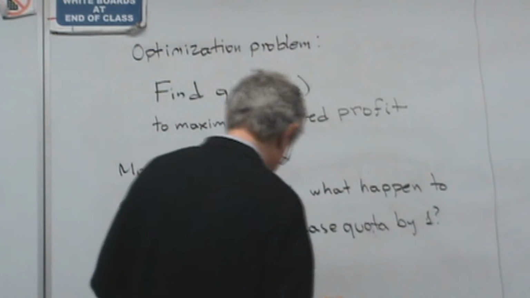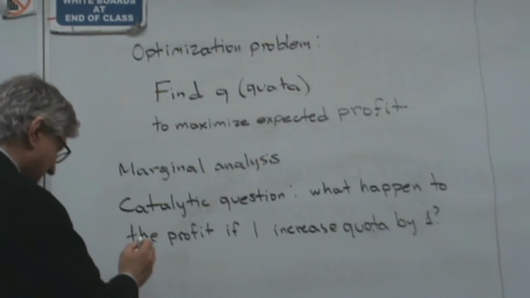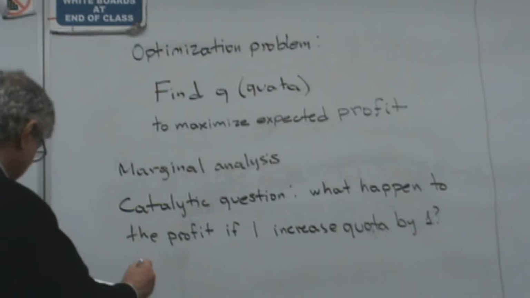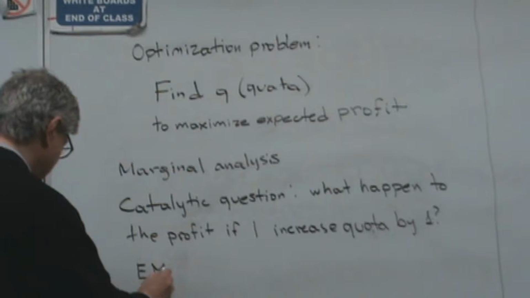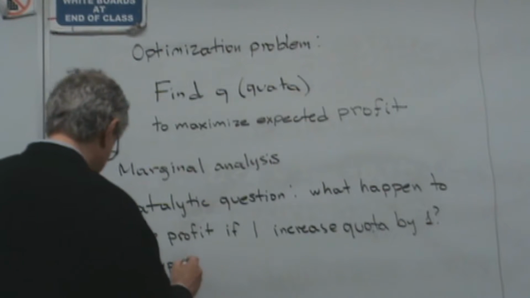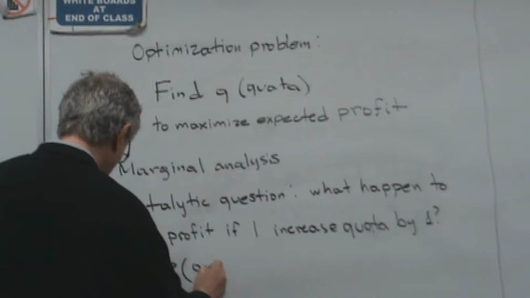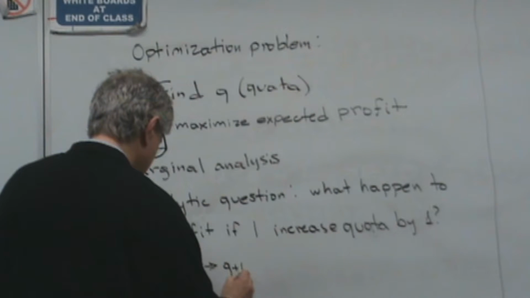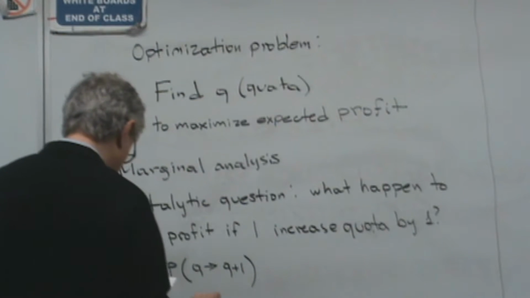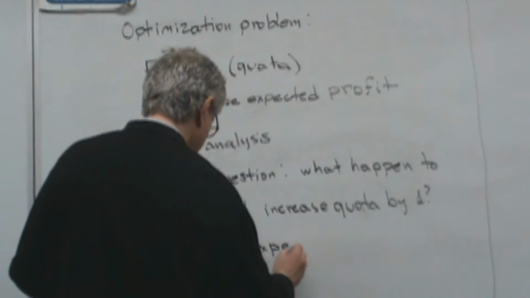That's the question. Okay, the increase in the expected profit from going from Q accepted reservations to Q plus 1, okay? It's called expected marginal profit.